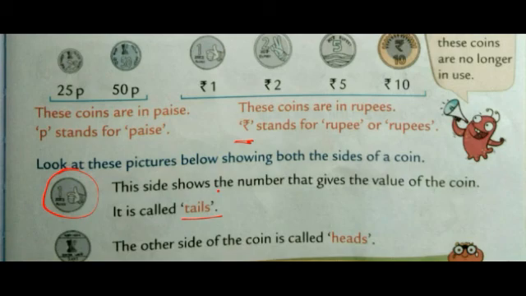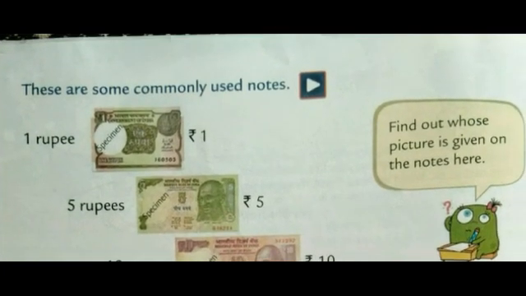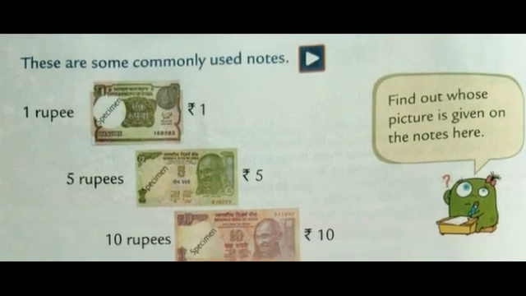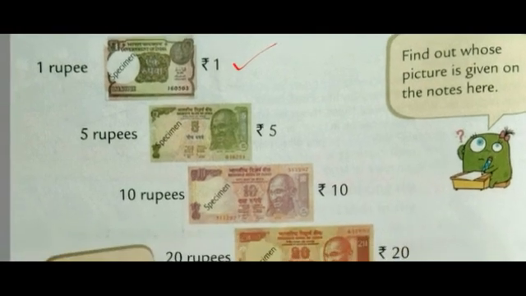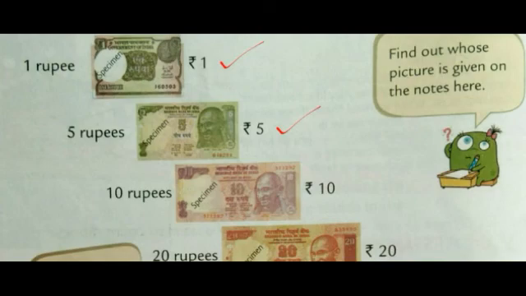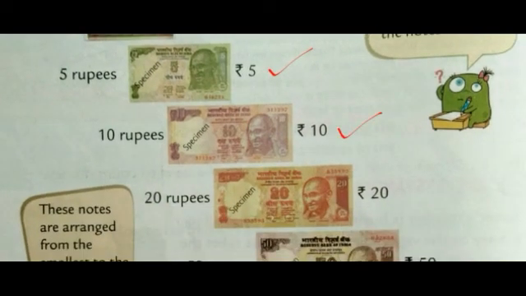Now scholars, I'll show you some commonly used notes. So just look at these pictures given here. This is 1 rupee note, 5 rupee note, this is a 10 rupee note. These are all specimens.